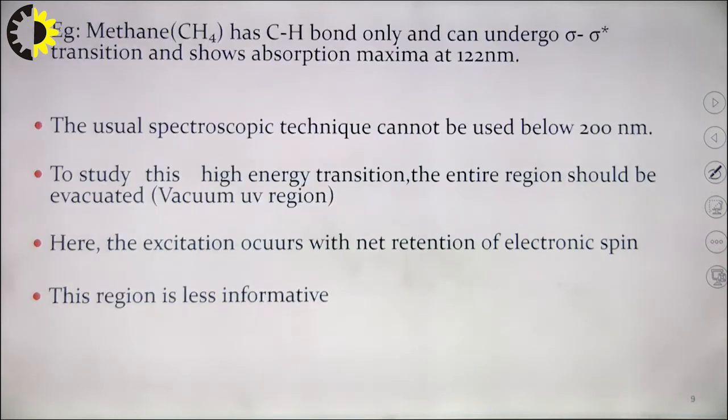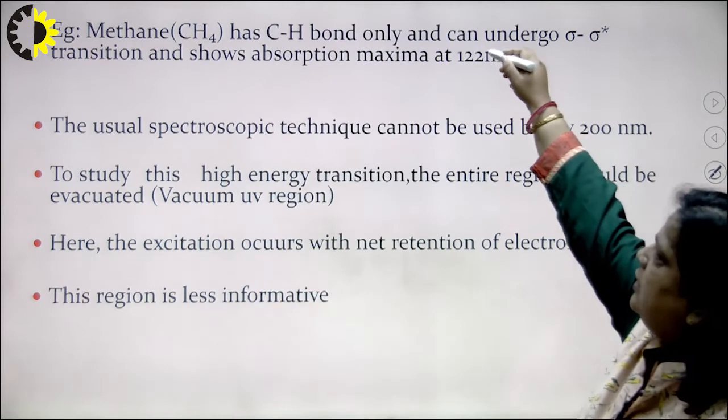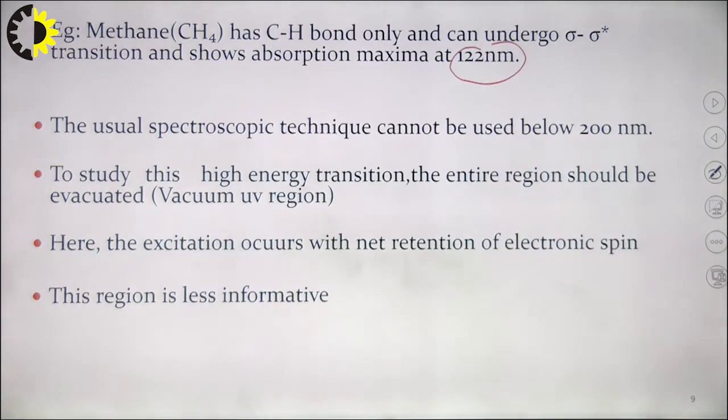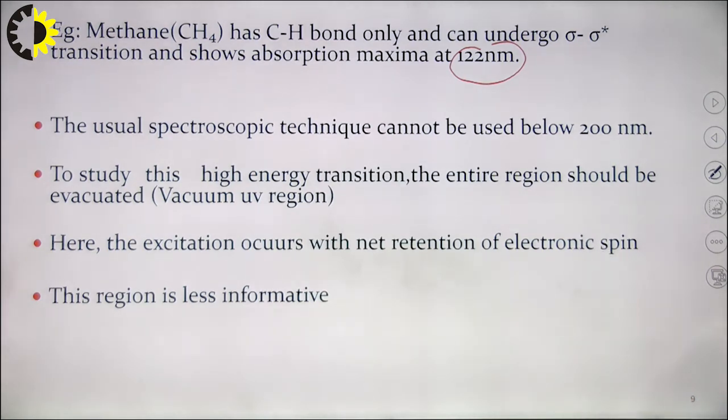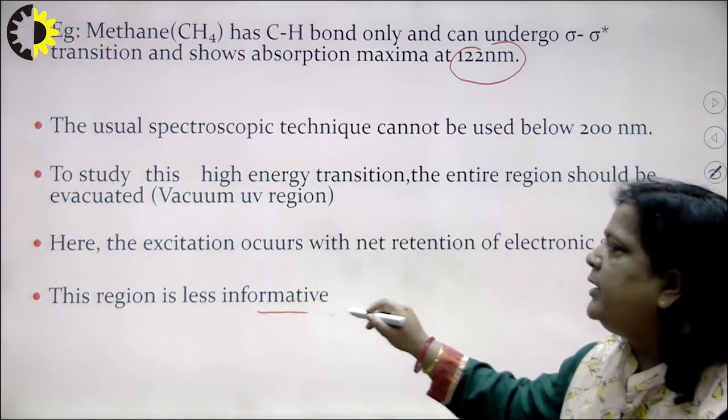Now, for the second transition, a few points are also there. In methane there is no unsaturation, no n, so it undergoes a sigma to sigma star transition, and absorption occurs at 122 nanometer, which is below 150 nanometer. Okay. And this region is quite less informative.